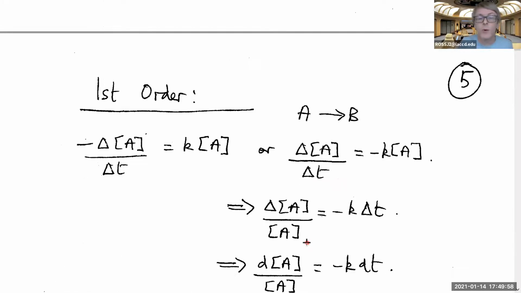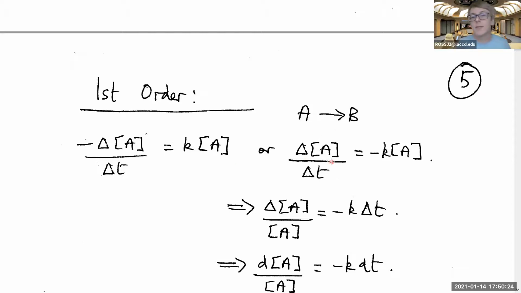Having done zero order, we can do the first order integrated rate equation. So consider the same equation, A gives B, but now it's first order, so we can have the rate expression here. I'm going to go a little bit quicker now because it's more familiar. So the change in concentration of A with time is equal to the rate constant k, A to the 1, or A where x is 1, or the first order.